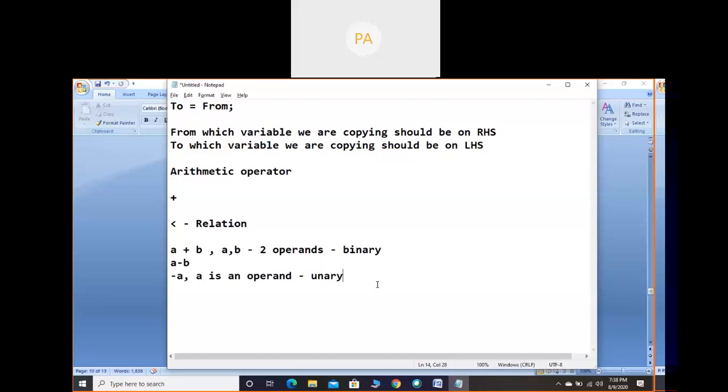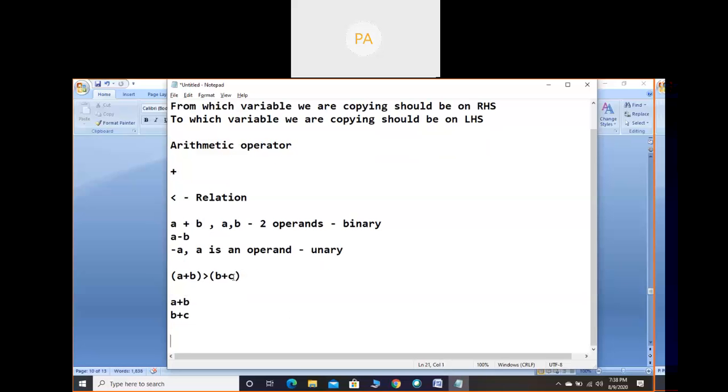In some cases, for example, if I write A plus B greater than B plus C, there is a little bit of confusion. Consider individual statements: A plus B is one statement, B plus C is another.